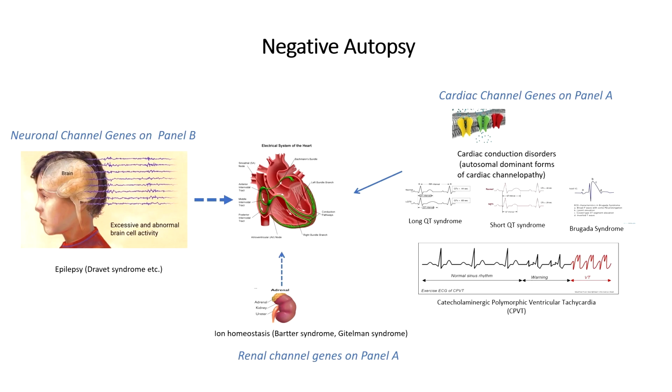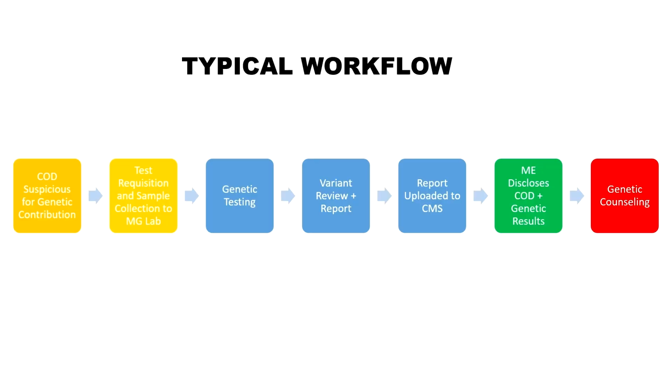The workflow of postmortem genetic testing in our office starts from a case suspicious of underlying genetic etiology. The ME submits a test request and a collected sample to the laboratory. In the laboratory, we perform testing, data analysis, variant interpretation, generate lab reports, and send the lab report back to the medical examiner.